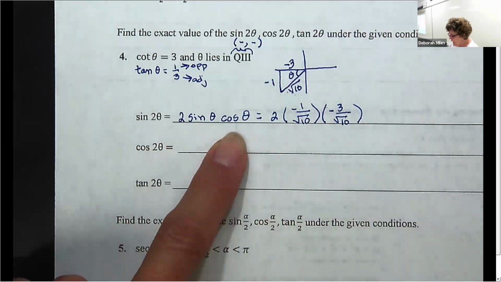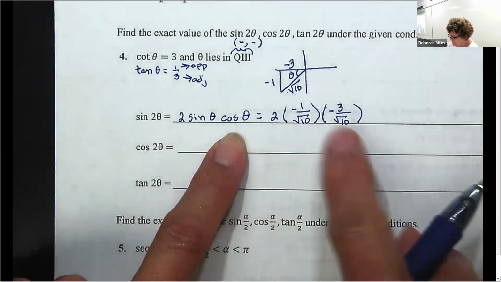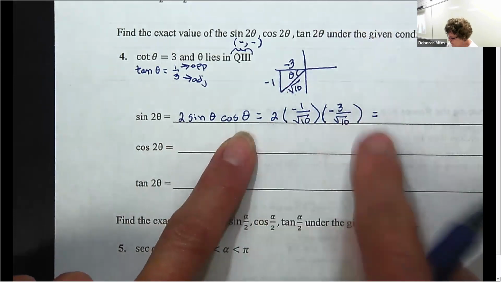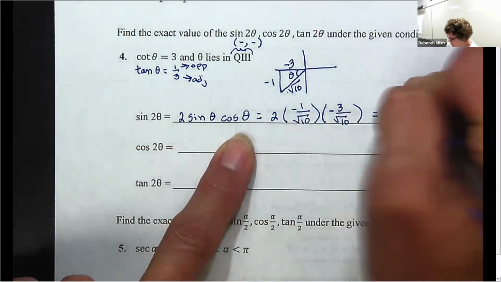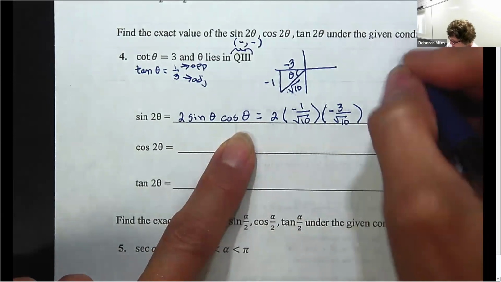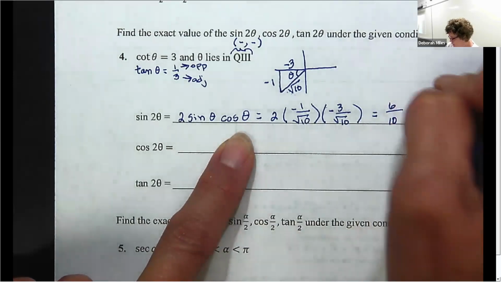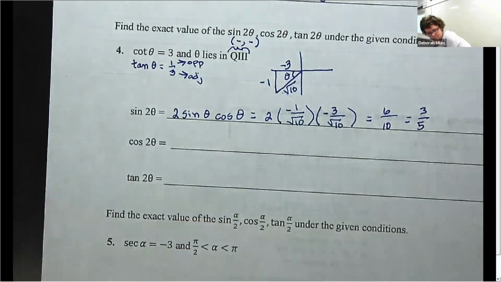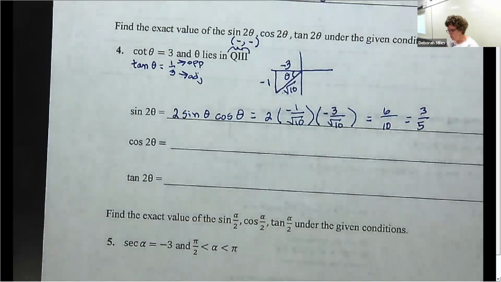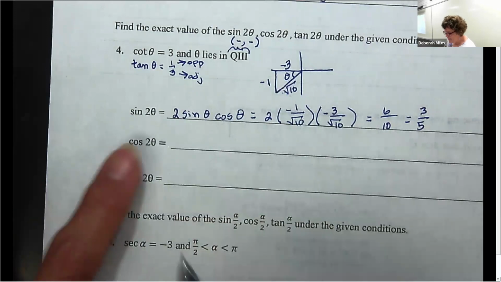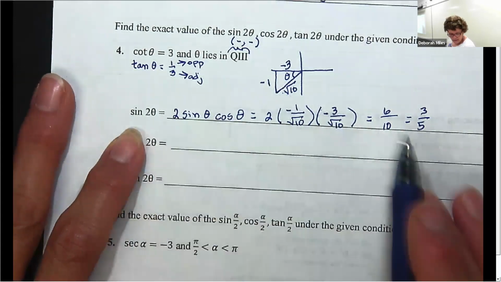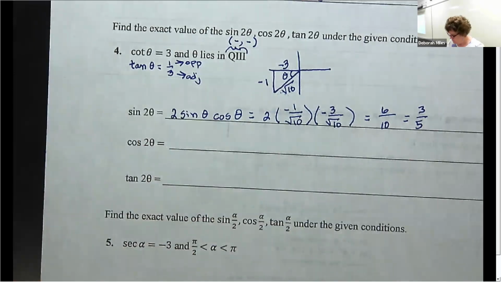When I multiply a positive times a negative times a negative, I'm going to get a positive. 2 times 3 is 6. Square root of 10 times square root of 10 is just 10. And 6/10 reduces to 3/5. So without knowing exactly what theta is, I know the sine of 2 theta is 3/5.